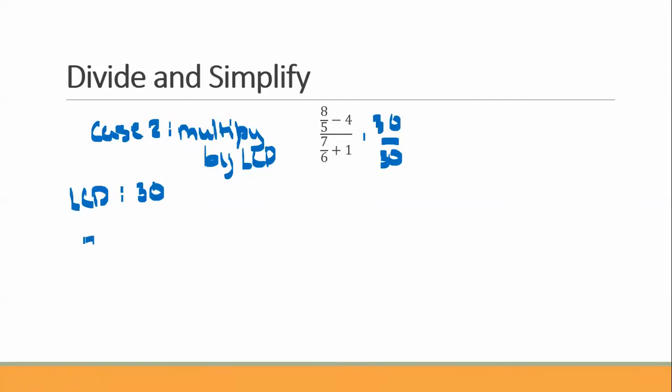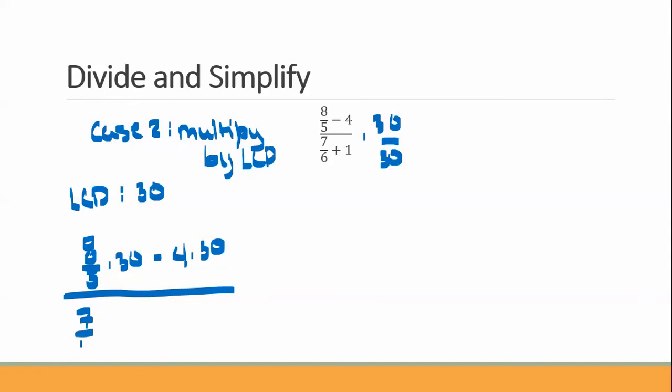So that becomes 8/5 times 30 minus 4 times 30, all over 7/6 times 30 plus 1 times 30, because we distribute everything. This distributes in, that distributes in.